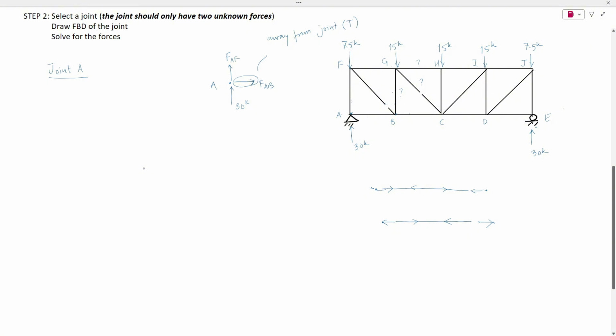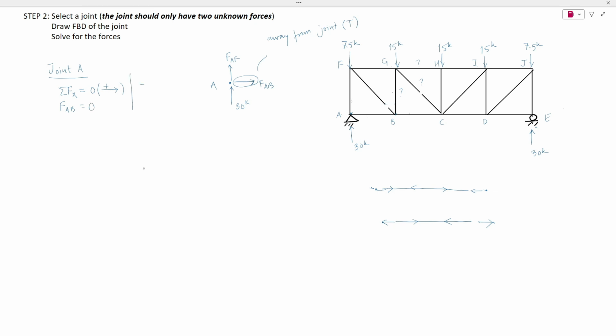Now once we have the free body diagram, we can solve for the unknown forces using the equations of equilibrium. Let's first take the summation of all the forces in the x direction to be 0, considering forces towards the right positive. Here we don't have any external load applied besides FAB, so member force FAB is 0.